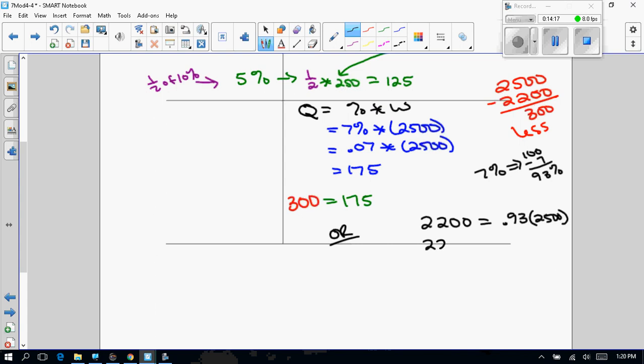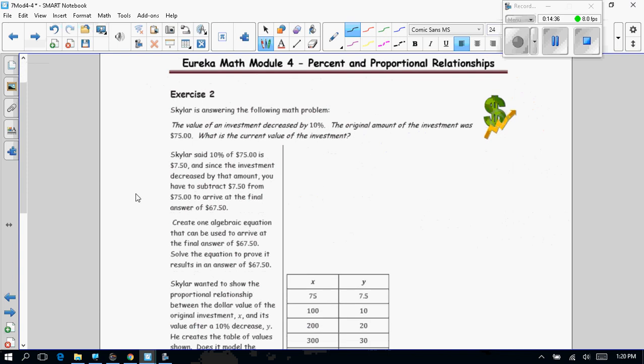And we find out that 2,200 is not the same as what he really has been doing, 2,325, okay? So no, he's not doing this correctly. He's not following the trainer's recommended procedures. All right, let's take a look at exercise 2.